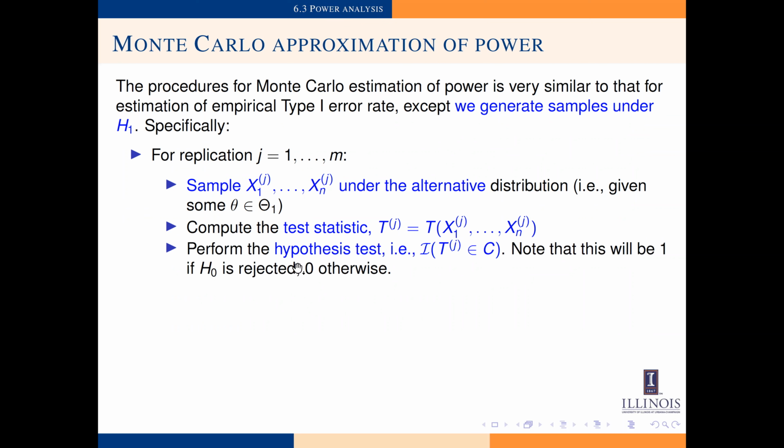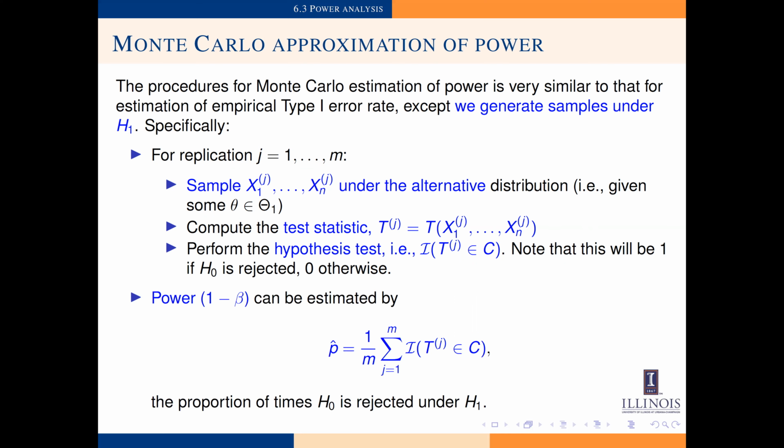Then we perform the hypothesis test and see whether our t this time is inside the rejection region. If yes, this indicator is going to be equal to 1, meaning we reject the null. If not, we retain the null, and this is going to be equal to 0.